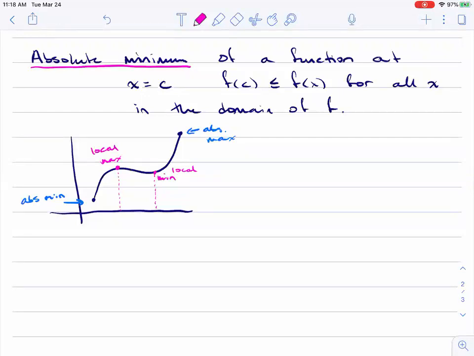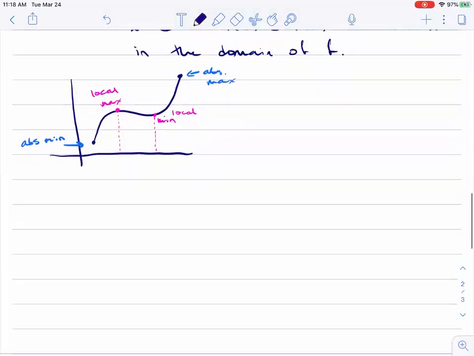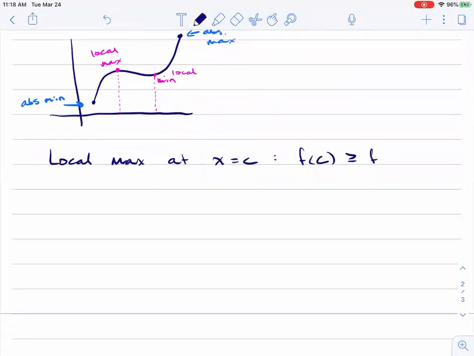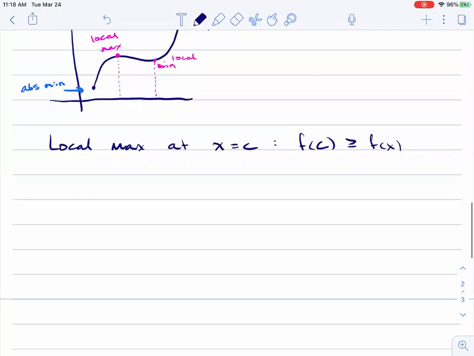Okay. And so if we define those, we've got a local max at x equals c, right? Just using c as a general check-in point means that f of c, not f of x, f of c is greater than or equal to f of x for x near c.